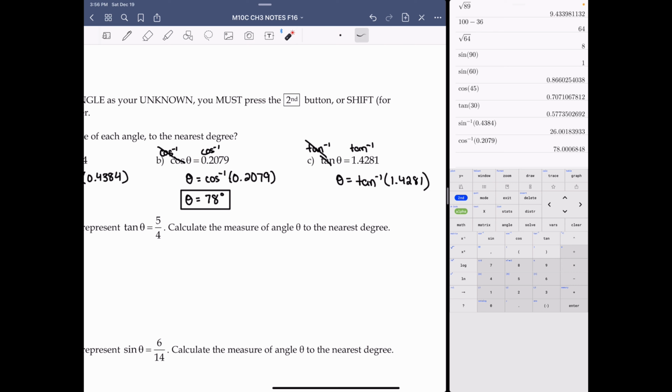Notice that tan is equal to a number greater than 1, and that can only happen for tan, not sine, and not cos. Then we calculate tan inverse, so second or shift, and then the tan button, then inside the brackets, put 1.4281, enter, and we get 54.999, which rounds to 55 degrees. So theta is 55 degrees.